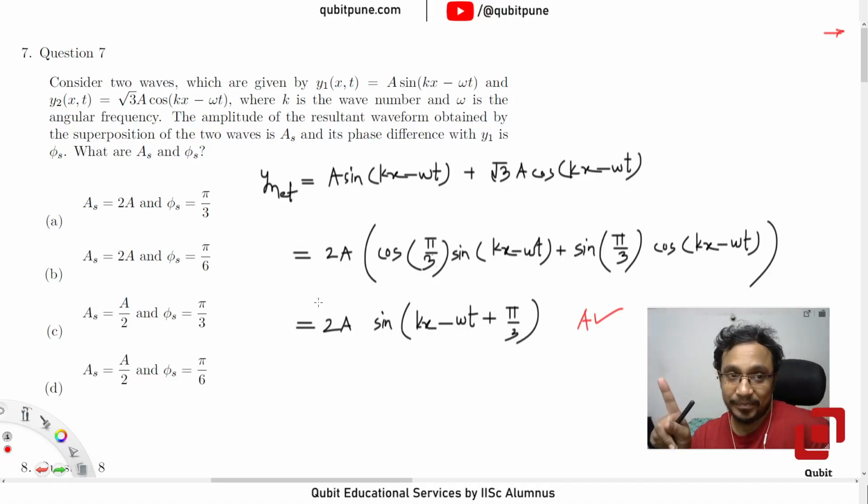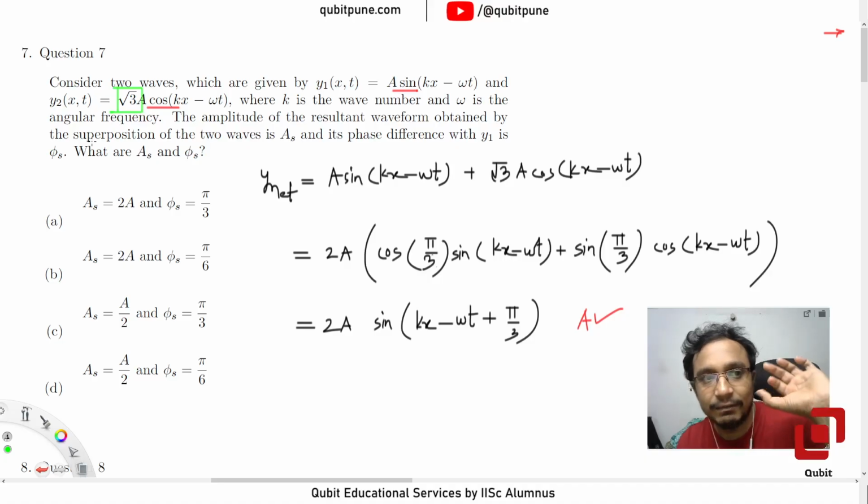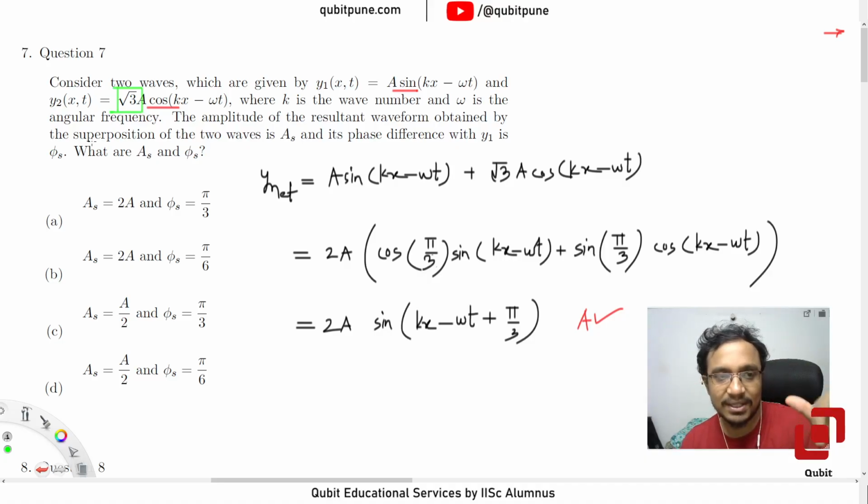First thought, shall I go for the change of cos to sine? Okay, I mean sine of kx minus omega t plus pi by 2 हो सकता है. But then if you look at this root 3, you realize that we have done this before in mathematics, in trigonometric equations, where when you have a cos plus b sine, we always divide by root a square plus b square.